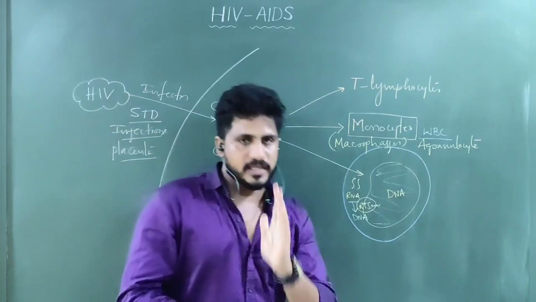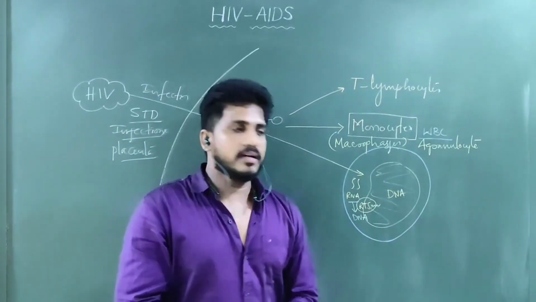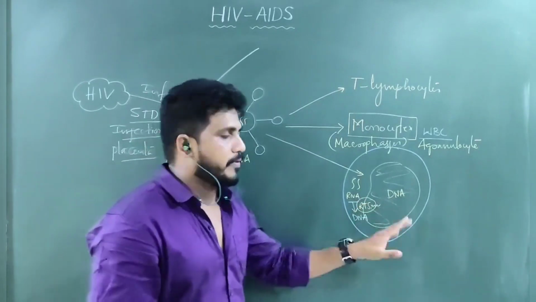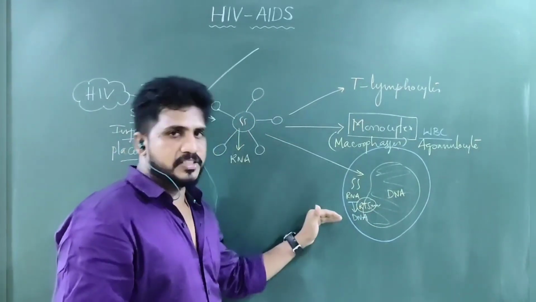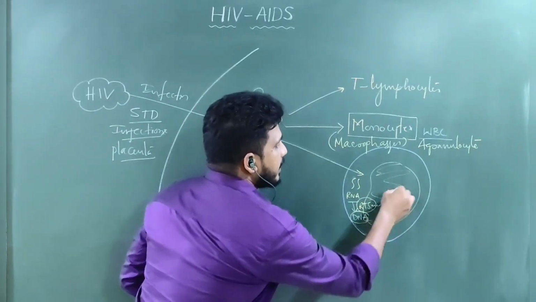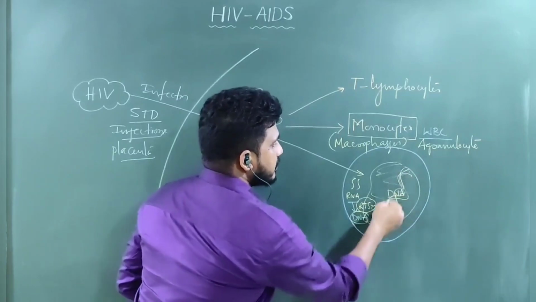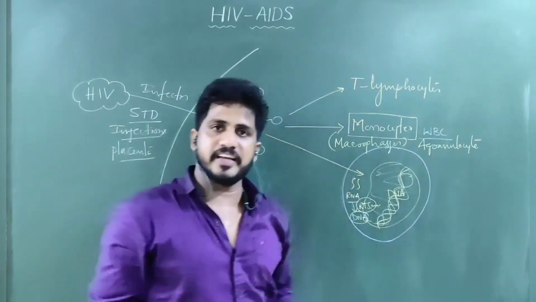So DNA to RNA is transcription, but RNA to DNA is reverse transcription. The reverse transcriptase enzyme is not provided by our cells. It is brought along with the RNA genome. Once DNA is formed, this DNA is incorporated, meaning adjusted, with our monocyte's DNA.